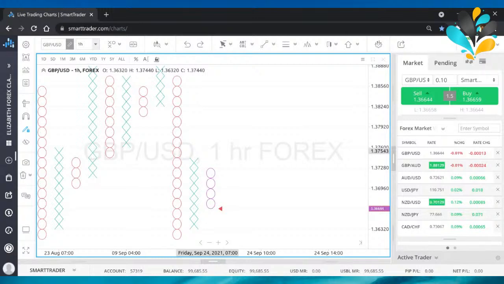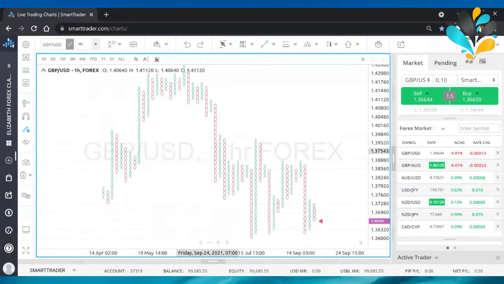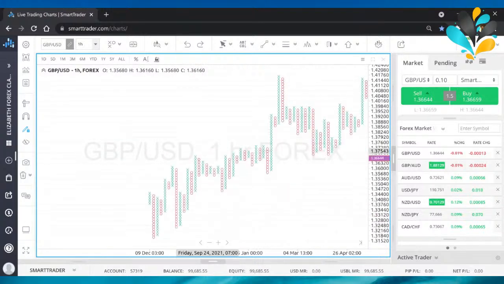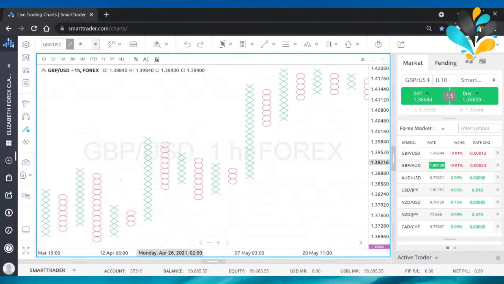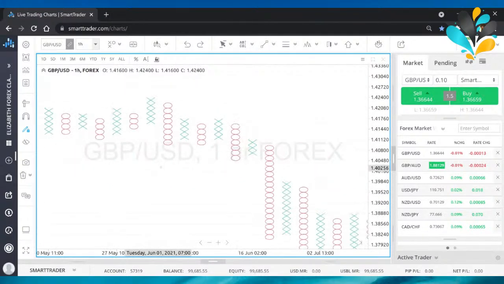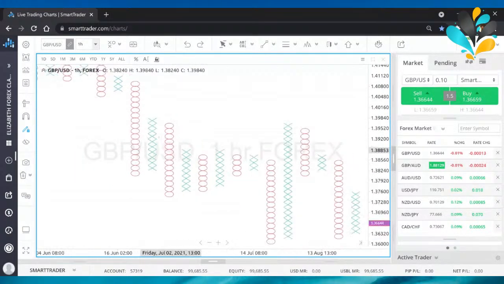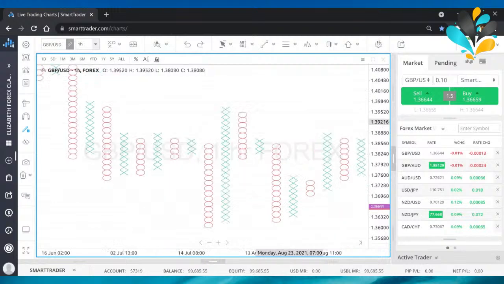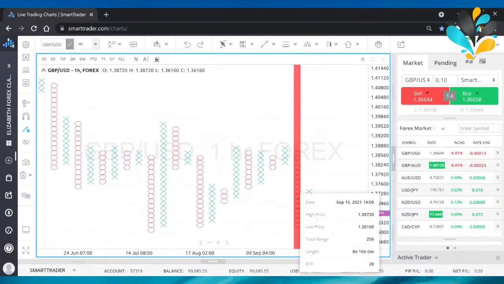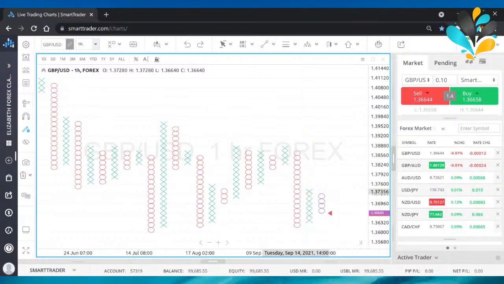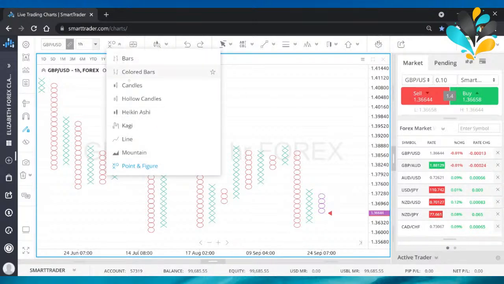Again, I don't necessarily recommend using this one because it's not based on whether that candle would have gone up or down, just the general trend, was it going up or down. You can see it's almost like X's and O's, so after every X is an O, after every O is an X. I don't really recommend this one because, again, it can get confusing.